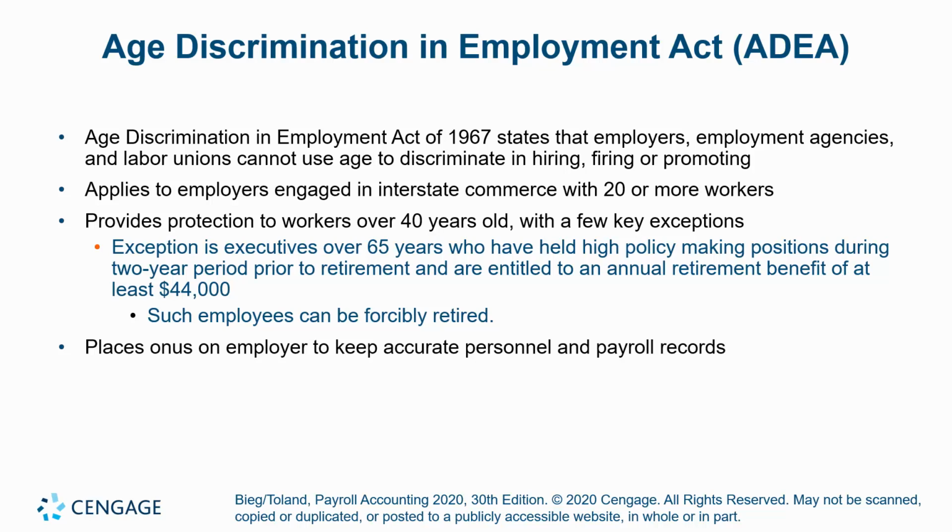It's commerce, goods crossing state lines, whether raw materials, final products, or subcomponents. So if you're a small mom and pop and you pick cherries in the Flathead and sell them to people on the side of the road, you're not engaged in interstate commerce, you don't have 20 or more employees, and you really don't have to comply with this law.